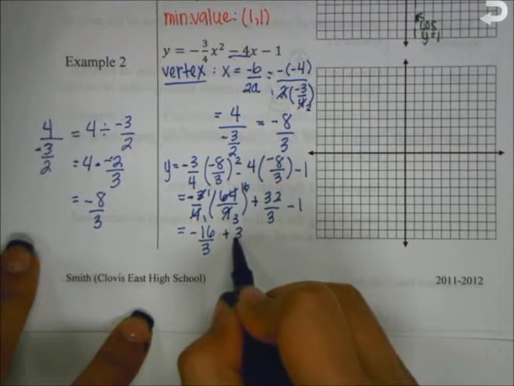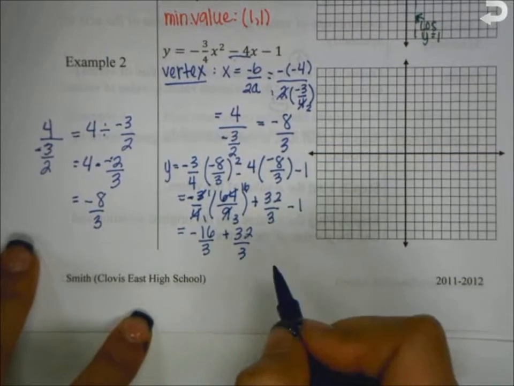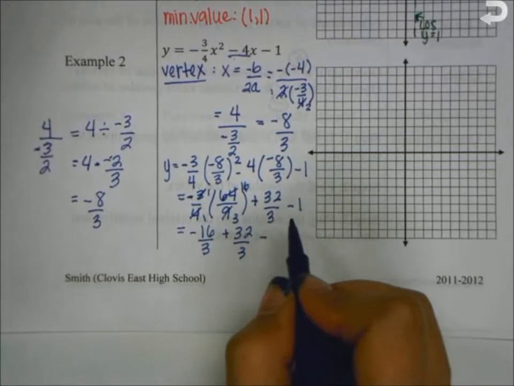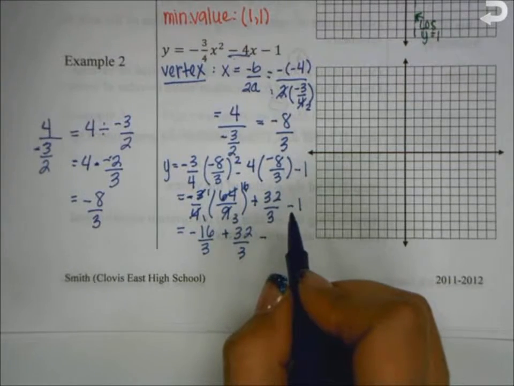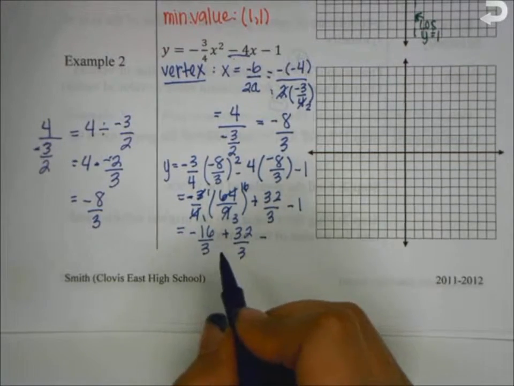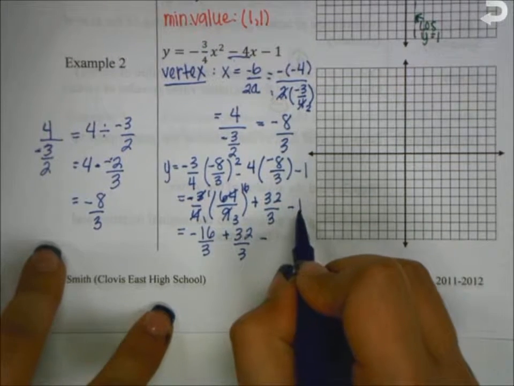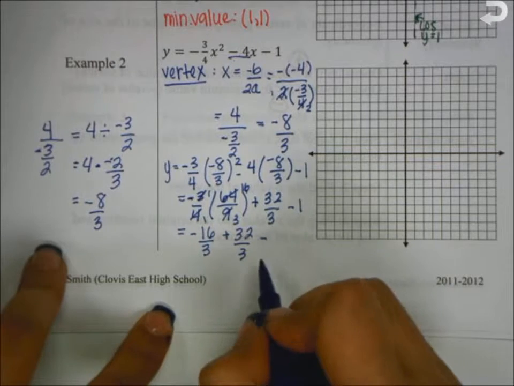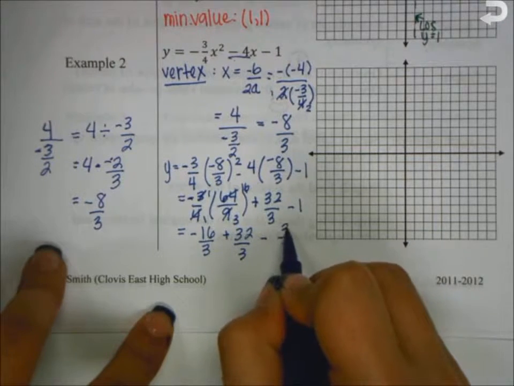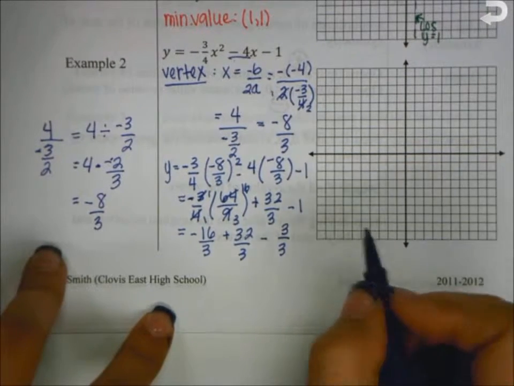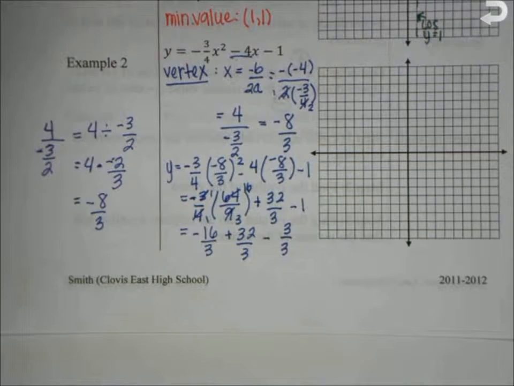Minus 1. Can we change 1 so that it has the same denominator? What is the same as minus 1 if we want a denominator of 3? 3 over 3, right? So I changed it so we all have the same denominator. And now let's just add and subtract.